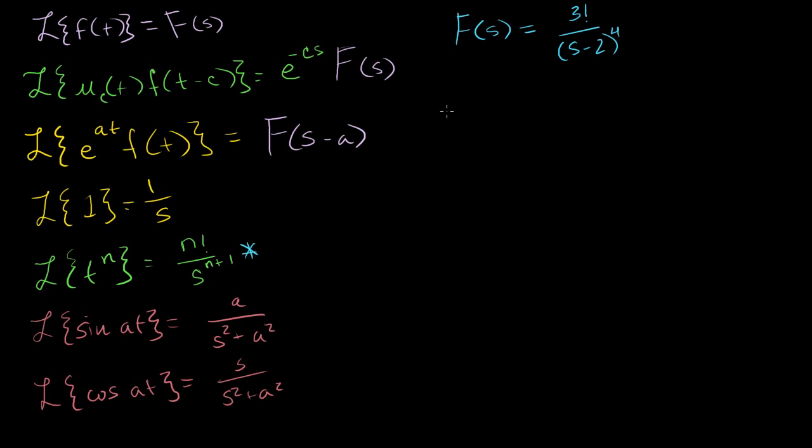If I just had the Laplace transform of, you see a 3 factorial and a 4th power. So it looks like n is equal to 3. So if you write the Laplace transform of t to the 3, this rule means that it would be equal to 3 factorial over s to the 4th.